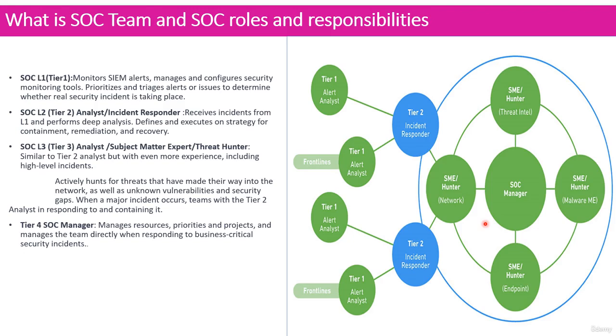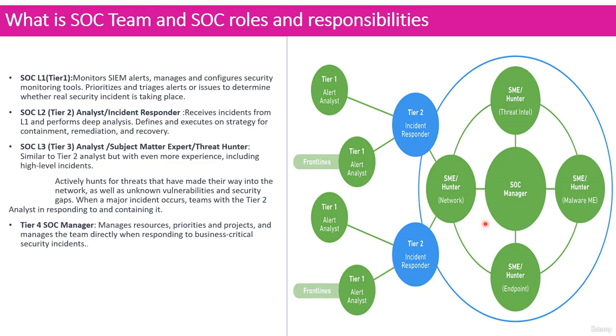In that case, sometimes the IR people reach out to the threat hunters or malware analysts to better understand different types of threats. The threat hunters do active hunts on the organizational network to look for any unknown threats, which are not detected by your security devices.